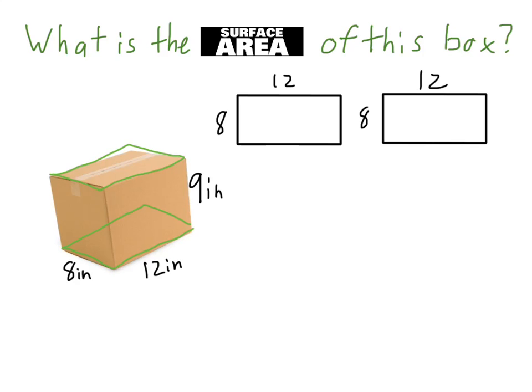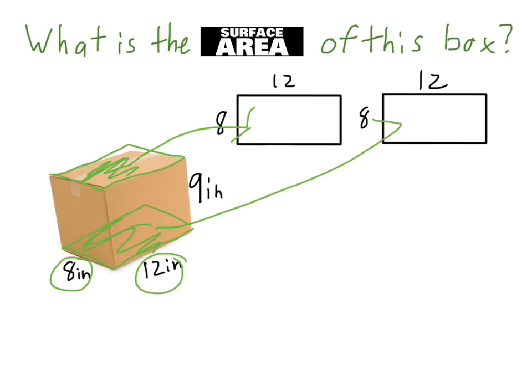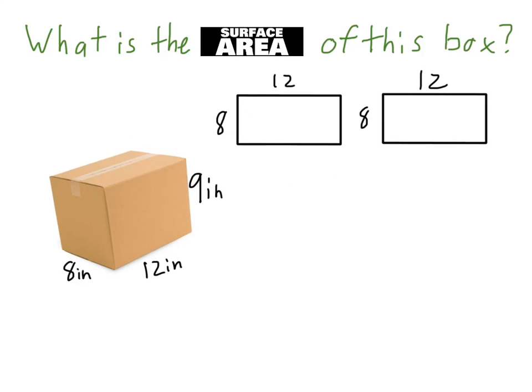Both of those are 8 by 12. So this is that one, and this is that one. Now, to make this more clear, I have to erase all the green that I just drew, so I'm going to get rid of that real quick, and I'm going to show you the next piece.